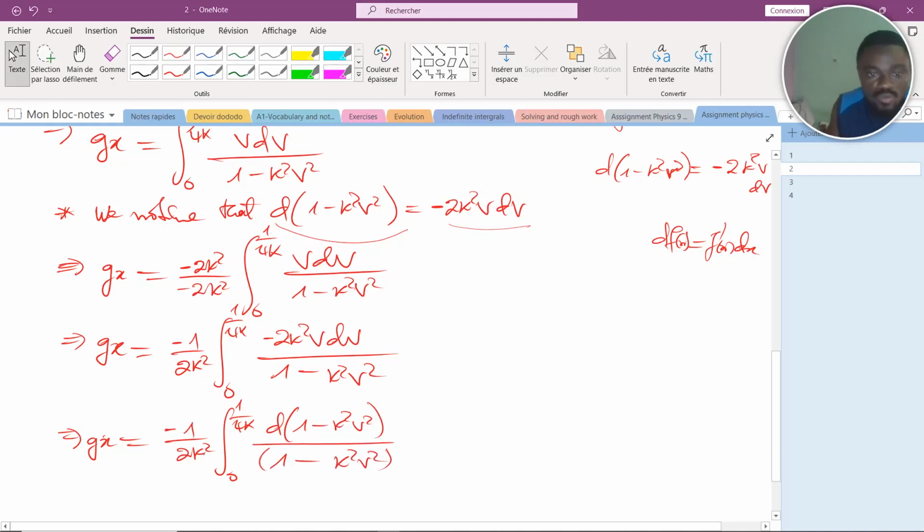So what do we notice? We notice that we are already in an integral of the form d of big X all over big X. What's the integral of this? We know that it is ln of the absolute value of big X. Is that okay?